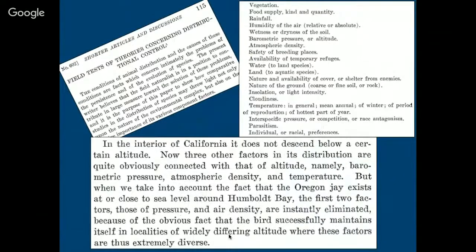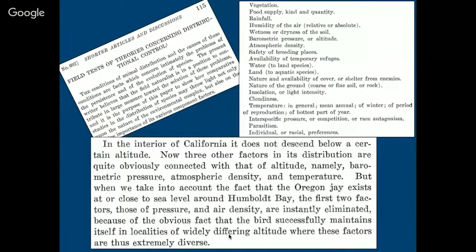He published another paper, Field Tests of Theories Concerning Distributional Control. In this paper, he looked at a bunch of species, but he also presents a list of essentially the factors of the environment that might exert control over distributions of species. And so this is essentially the first couple of statements of the idea of ecological niche.